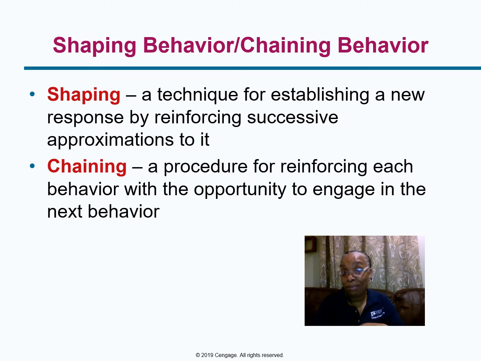Eventually you learn to plan out a menu, go to the store, buy different ingredients, cook a meal, put it on the plate, and then eat it. You go through this chaining process. Each task gets you to the next level, where each of those behaviors is reinforced by the opportunity to do the next behavior.